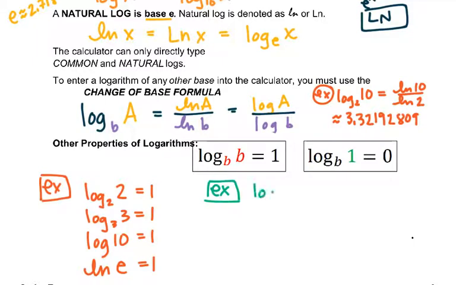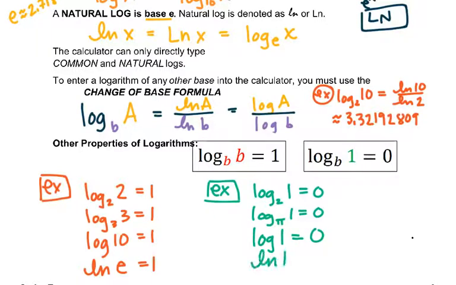So log base 2 of 1 is 0. Log base pi of 1 is 0. Common log of 1 is 0. Natural log of 1 is 0. And so knowing these two properties is going to help us simplify as we move through some of these problems.